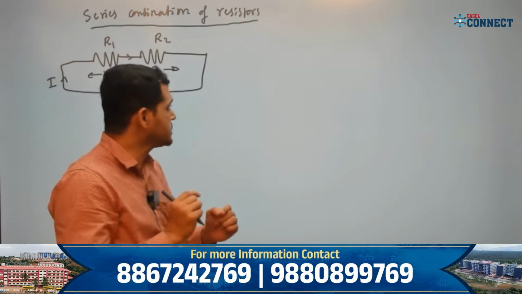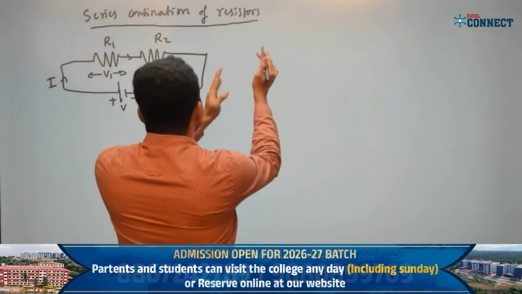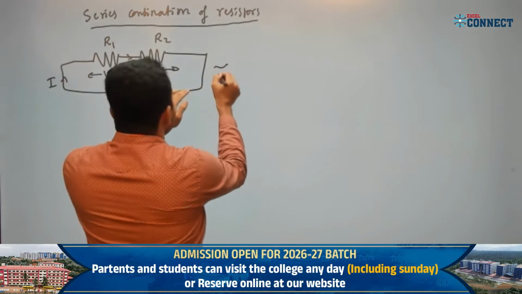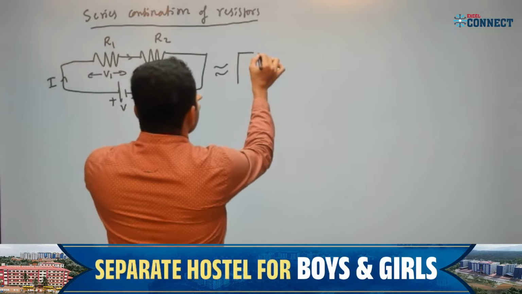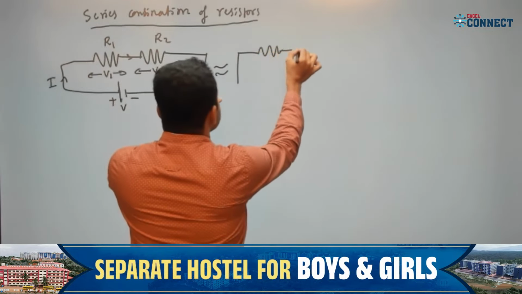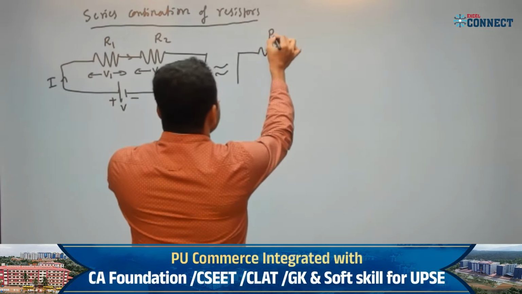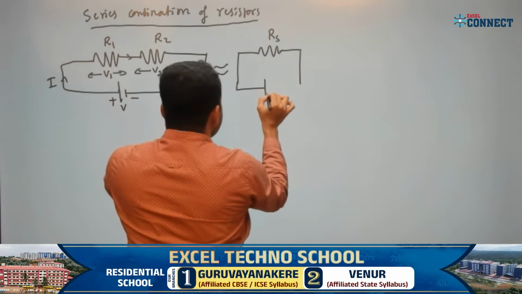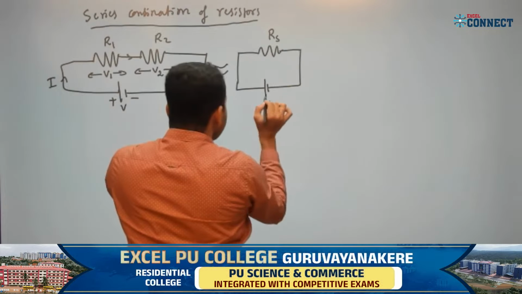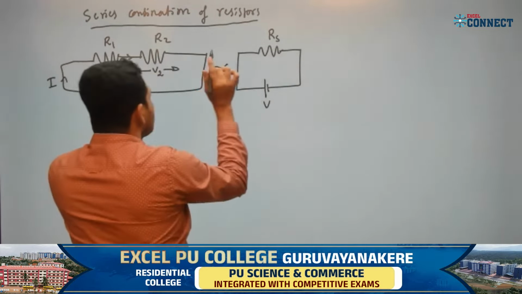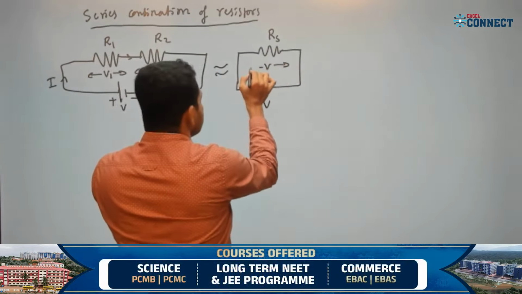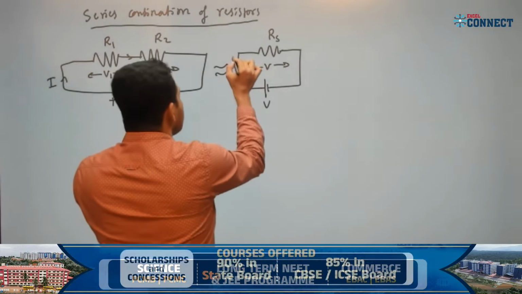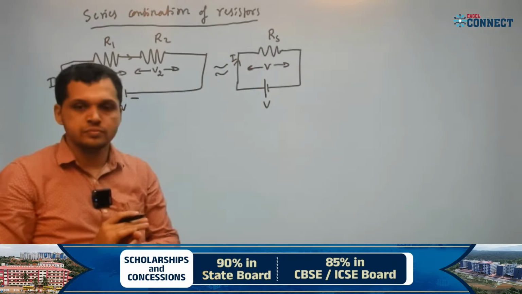How can I get that? I'll write one equivalent value. Its equivalent circuit is one single resistor. I'll write it as RS, connected to the same battery of V. This will produce the same potential difference V, and the same current I is flowing through this.